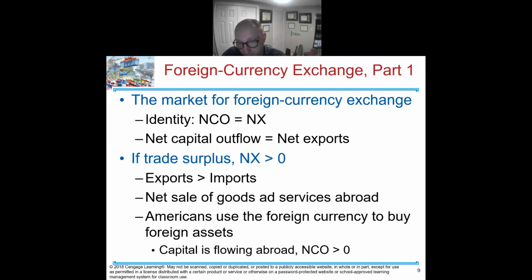More cash is flowing abroad. So in this case of a trade surplus, with the American dollar stronger than the foreign currency, the American dollar leaves the country to purchase the foreign goods. So cash is flowing out of the country. That cash outflow is greater than zero.